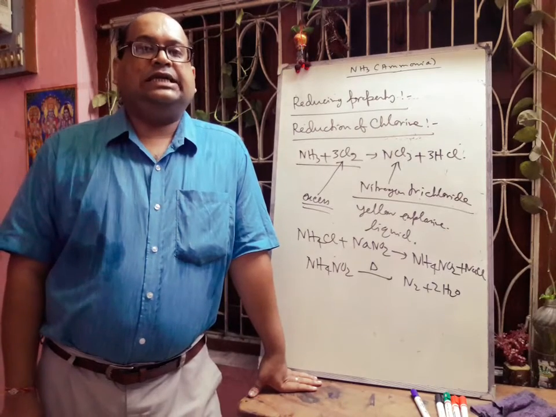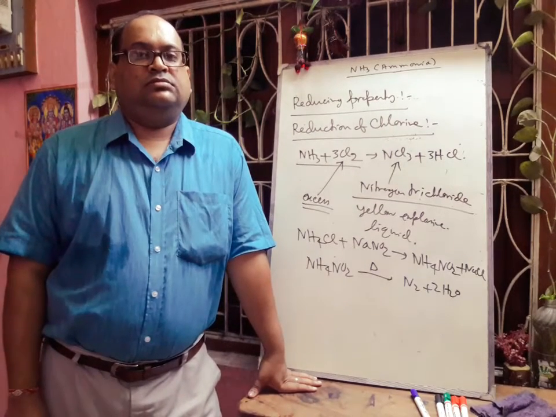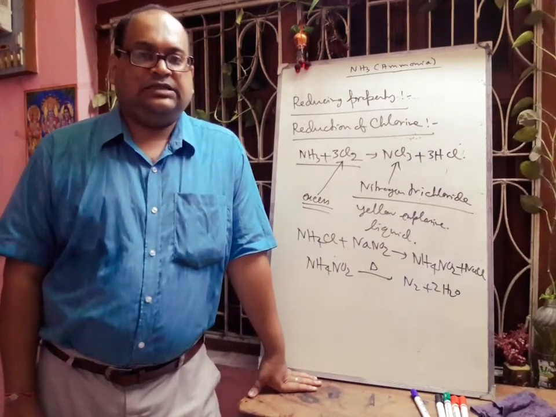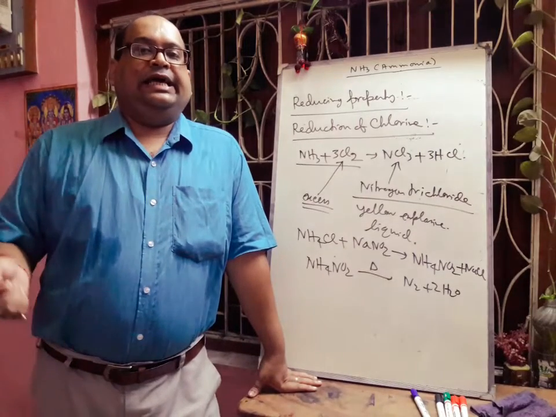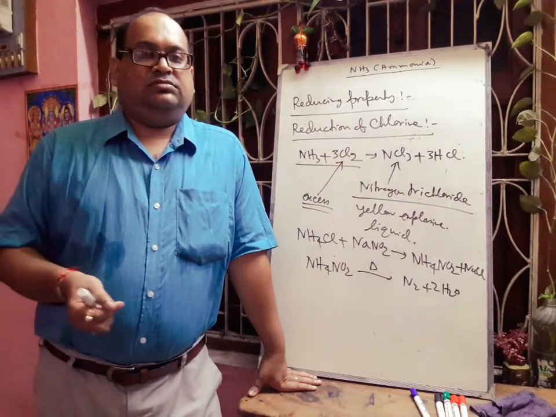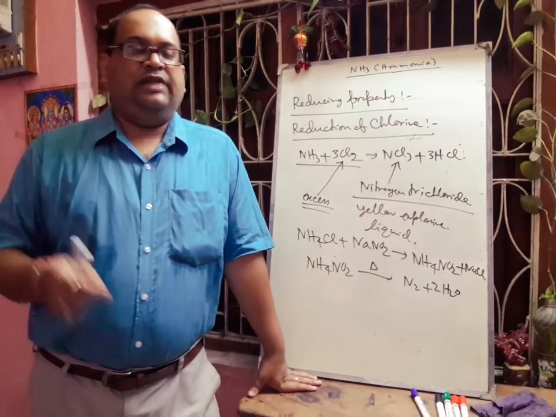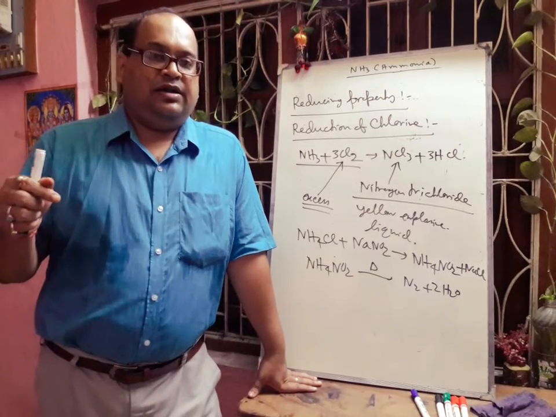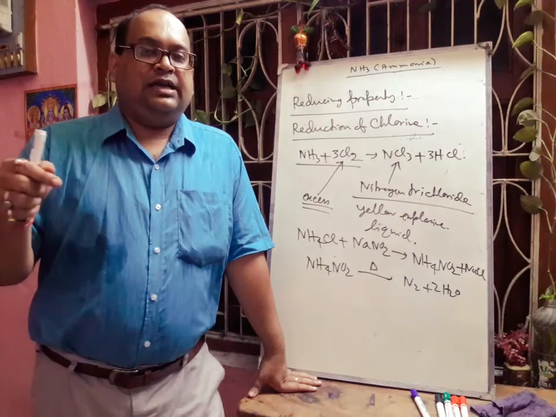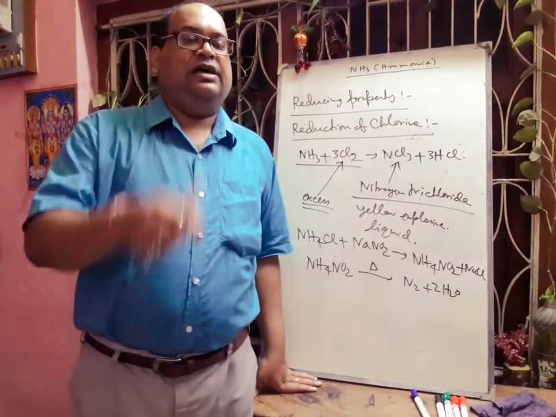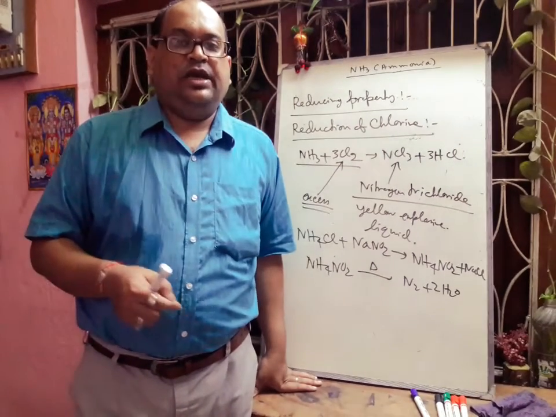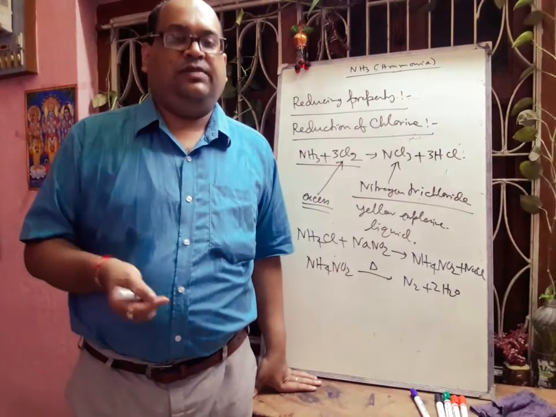Next we will discuss the test for ammonia gas. In HCl also we have discussed, if you take a glass rod dipped in concentrated hydrochloric acid and bring the glass rod near the ammonia gas jar, it will produce a dense white film.